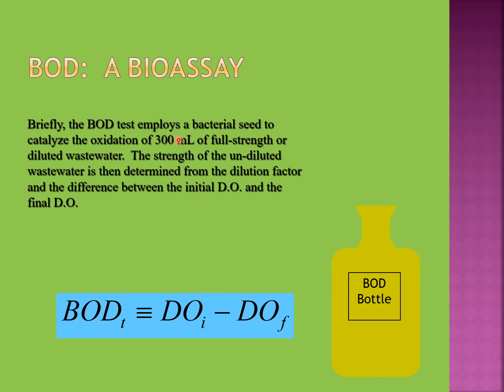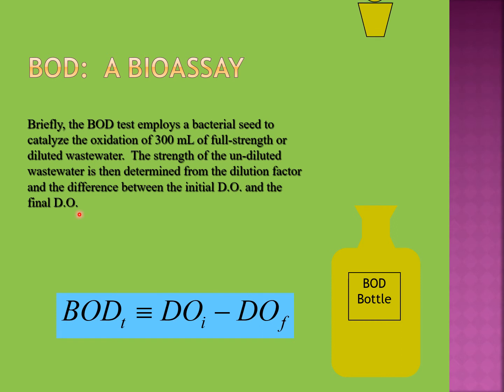Briefly, the BOD test employs a bacterial seed to catalyze the oxidation of 300 ml of full strength or diluted wastewater. The strength of the undiluted wastewater is then determined from the dilution factor and the difference between the initial DO and the final DO.